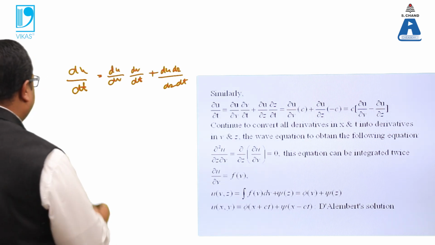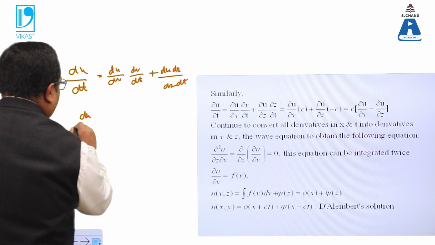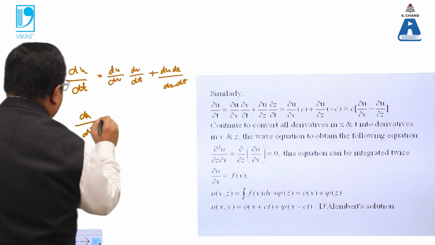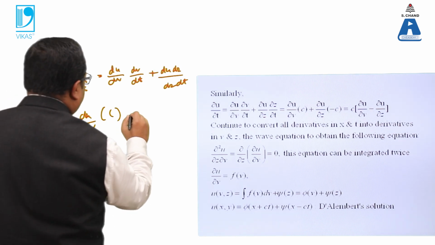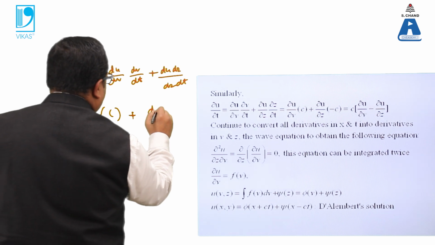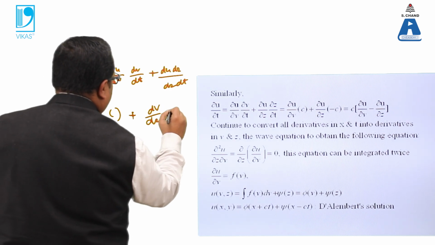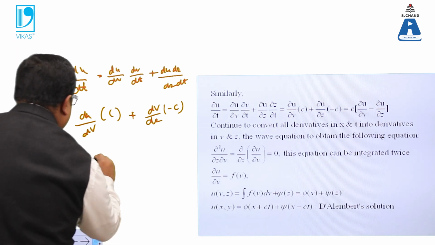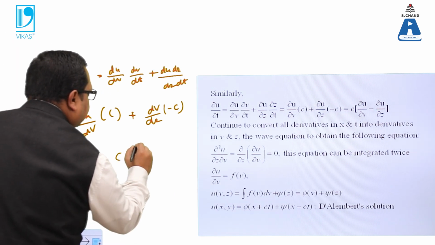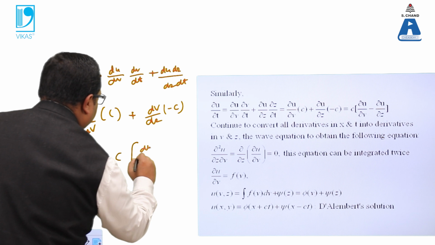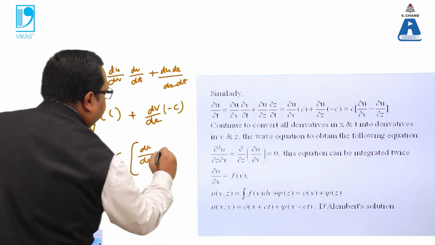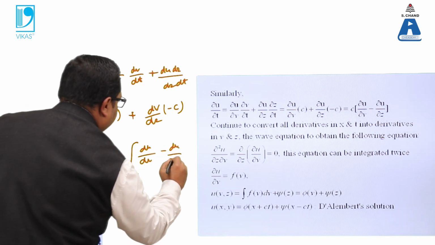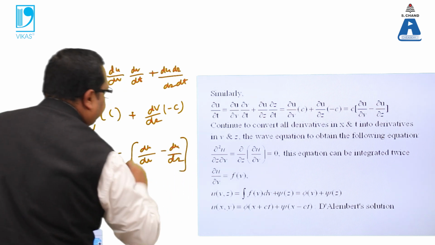So du by dv is the constant function, the wave function that we are using, and du by dz. So this in combination gives us du by dv minus du by dz.